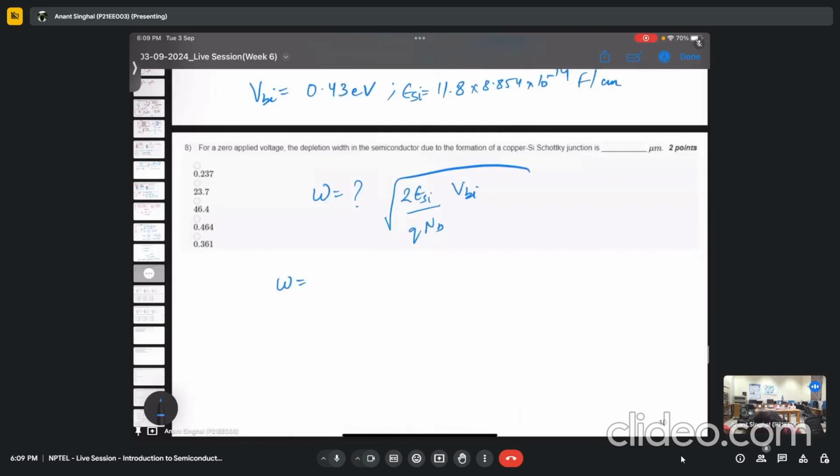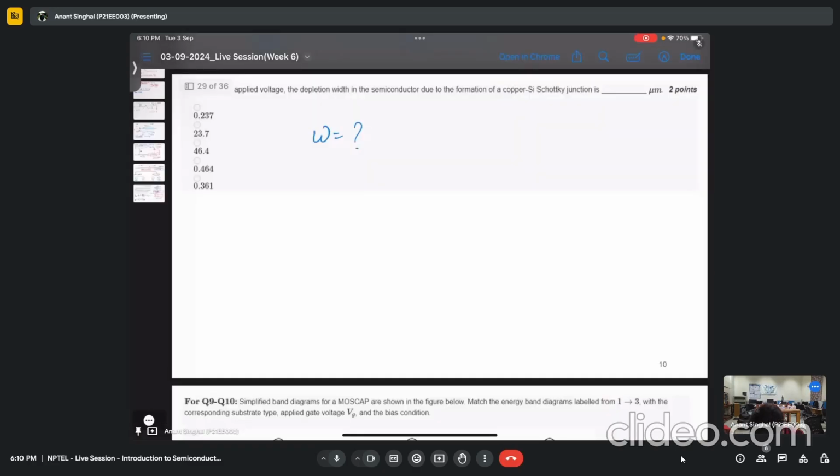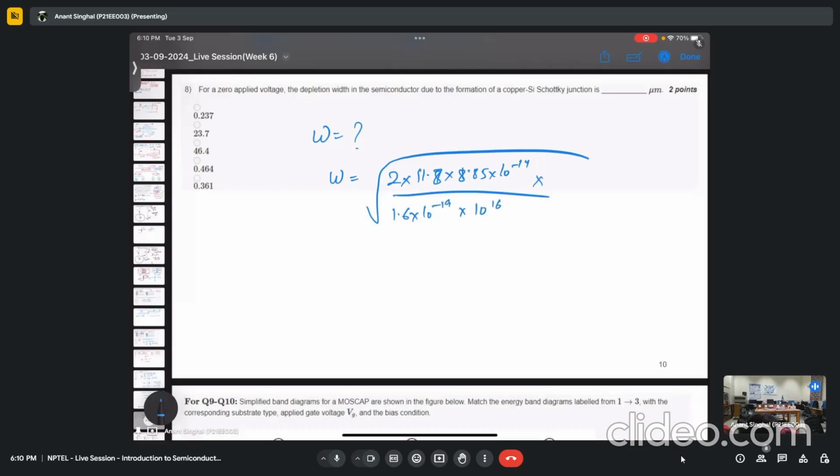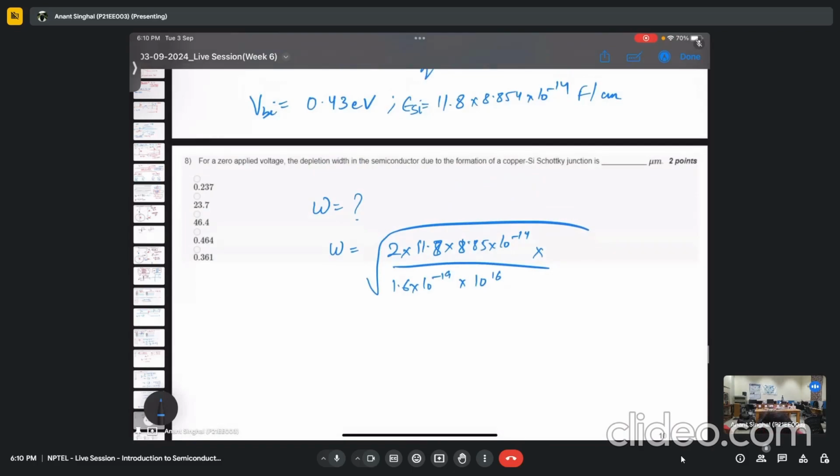So let me solve it if you've not got the answer till now. This will be square root of 2 epsilon_s, whatever they have given, by q N_D times V_BI. V_BI was 0.43.